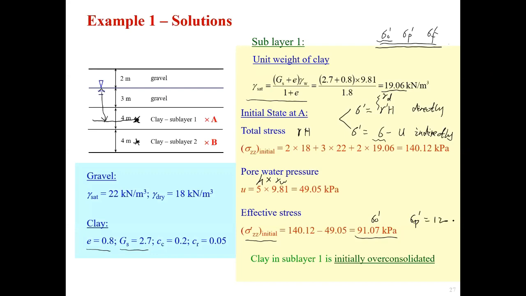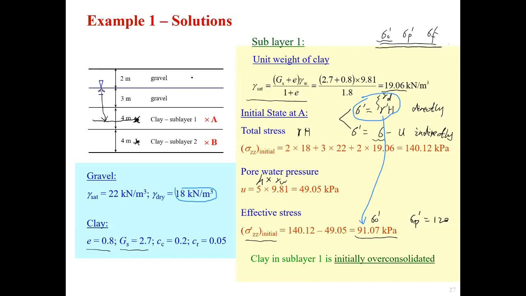So can I ask you a question? If you go direct to find the effective stress and multiply the dry unit weight times H, it will give you only 90. It will be 18 times 5, right?